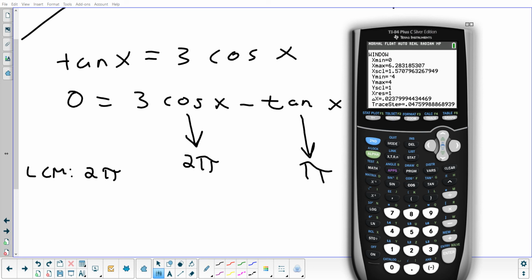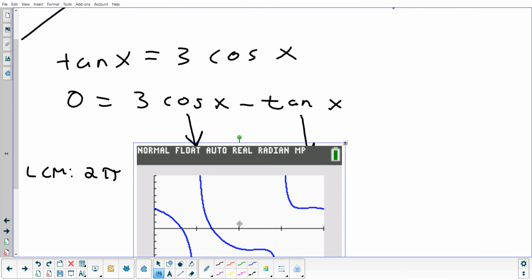So as far as your y min and max, it's not super critical here, but I would probably go like -8 to 8, -10 to 10, that'd be fine. And now, let's hit graph. Okay, so that is what our graph looks like.